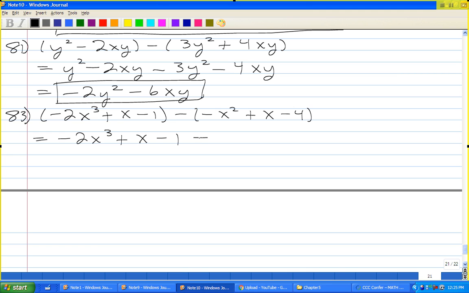Minus and minus become a plus x squared minus x plus 4. Combining like terms, negative 2x cubed plus x squared. The x's cancel. 4 minus 1 is 3.